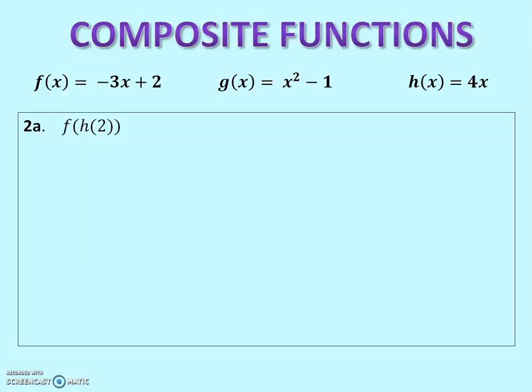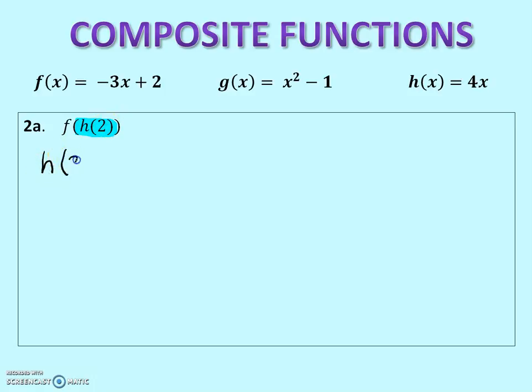2A. It's the same exact idea. Composite functions, we work from the inside out. So in the very inside, we have h of 2. So let's actually compute that using this last function here, because that's the h.